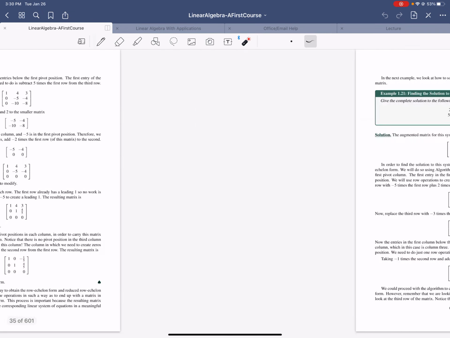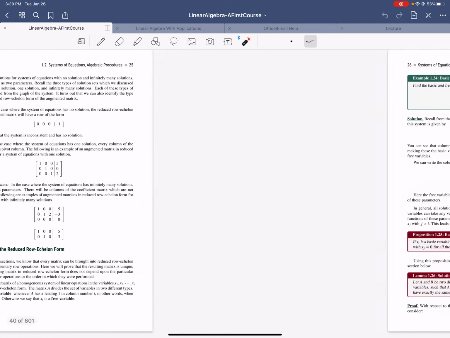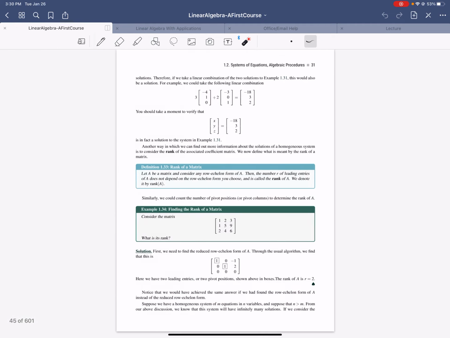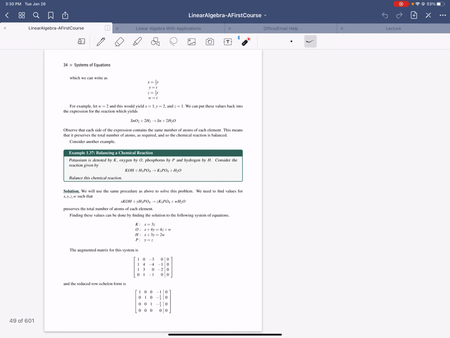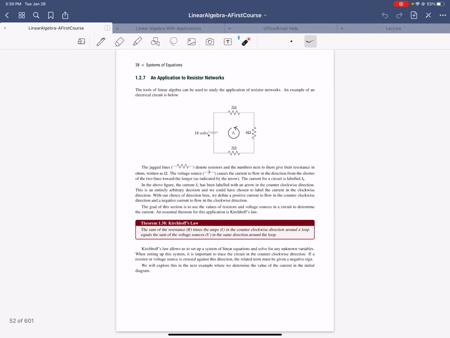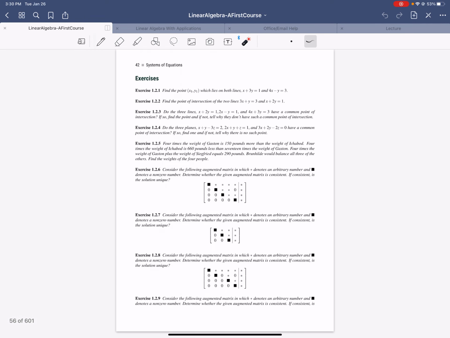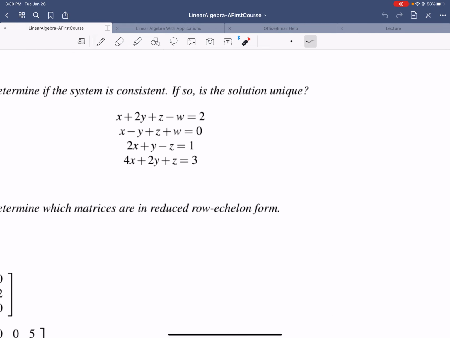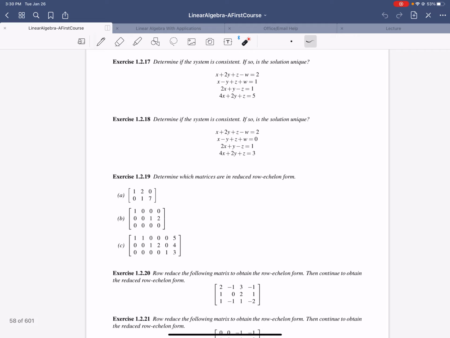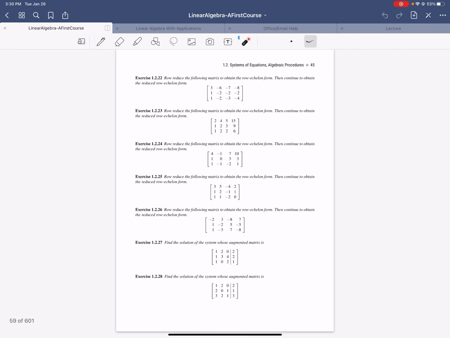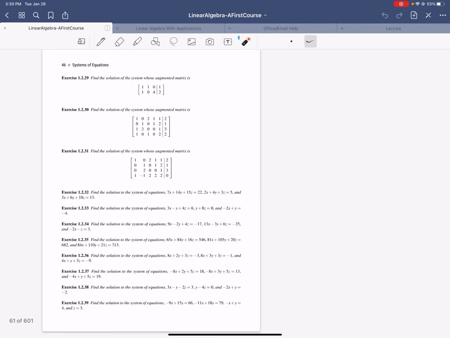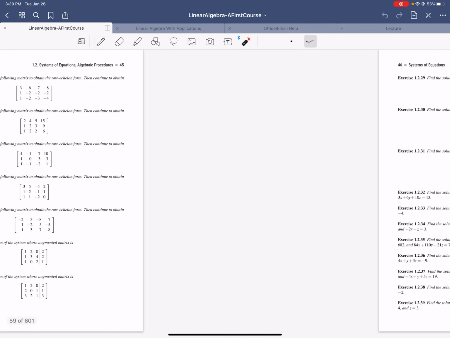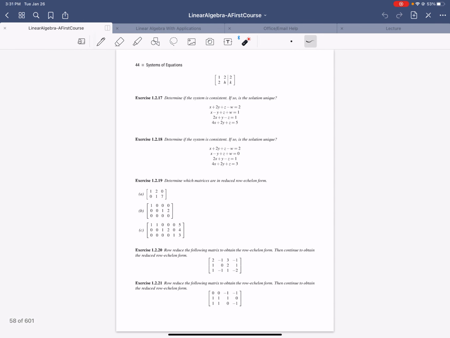Later on in the book, after all of this, he finally gets to some problems at the end. And these are more like the ones that I would want you to do. But that's the first course in linear algebra.